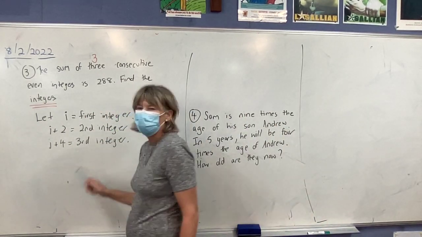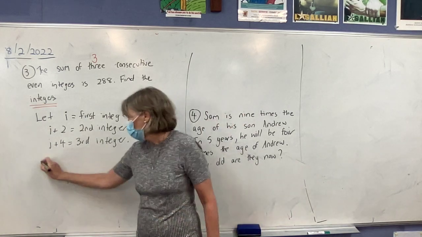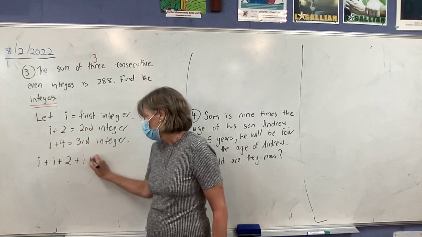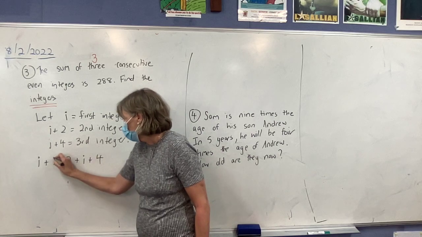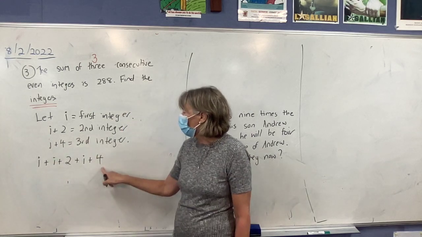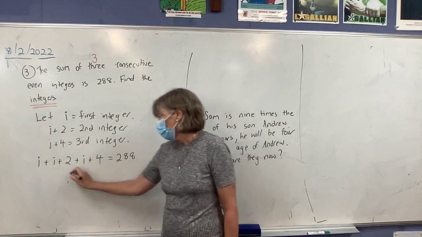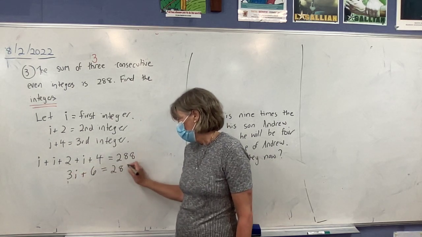Joel, let's go. So you just add it up, so I plus 2 plus I plus 4, and then it's 3I plus 6. What else have I got to write? Equals 288. And then it's 3I plus 6 equals 288.